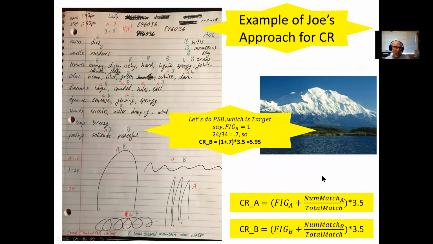I will give this example again just to remind you that when you're doing photo site A, you do little a's or big A's, and when you're doing photo site B, you do little b's or big B's. Then the first step is to simply count up all your A's and all your B's and the total, so you can do the ratio for the number of matches versus the total.